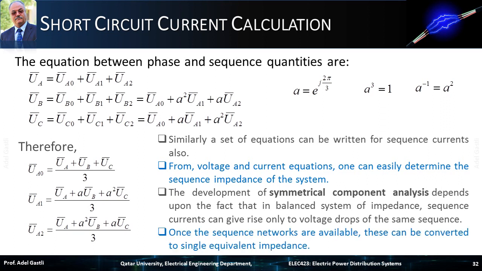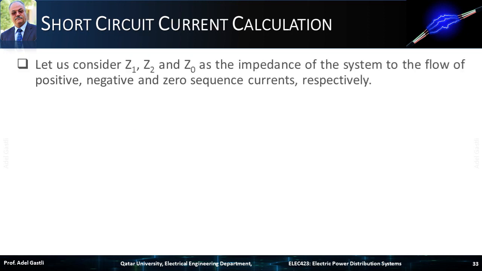Once the sequence networks are available, these can be converted to a single equivalent impedance, which can be used to solve the short circuit current. Let us consider Z1, Z2, and Z0 as the impedance of the system to the flow of positive, negative and zero sequence currents, respectively.